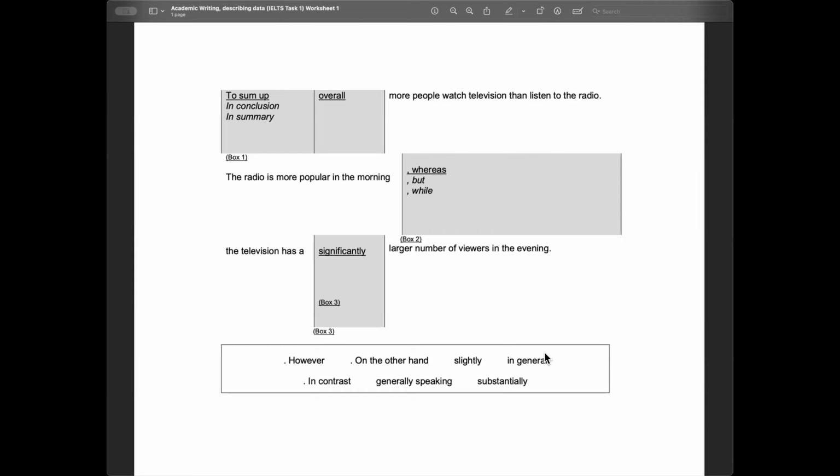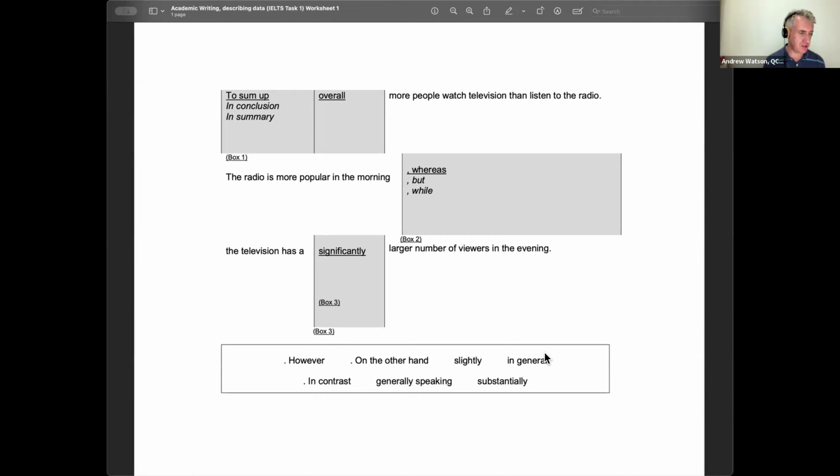Did we already say in contrast as well in box number 2? I guess in contrast would go into box number 2, right? Yeah, that's right.